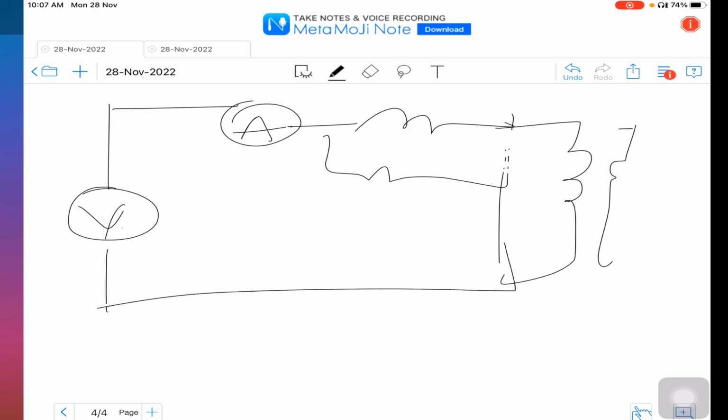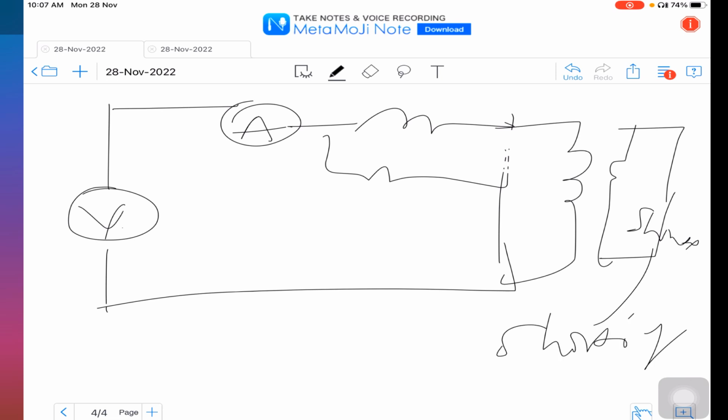But here the secondary is shorted. We call this shorting. This is your HV side. Unlike the OC test, here the LV side is shorted, and all the instruments are connected to the HV side.